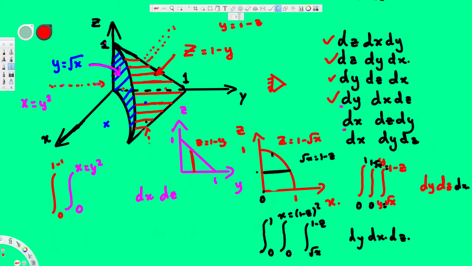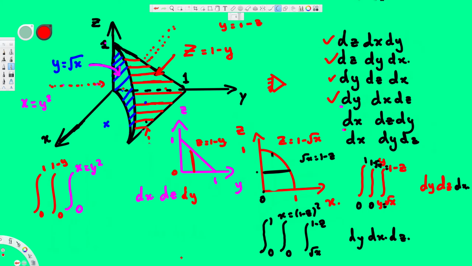And then after that we have dy. We just look at the starting and ending point, start at 0, end at 1. So that's going to be the last limit of integration, 0 to 1.